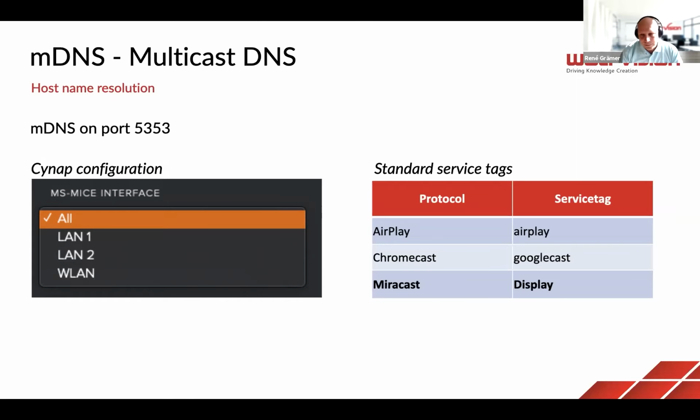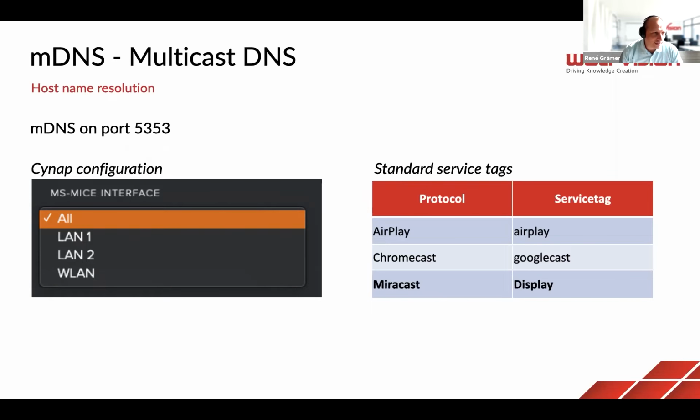That means if you're setting up your wireless LAN controller, which you might already have or had to because you want to use AirPlay or Chromecast, then you also have to do that for Miracast. The service tag for Miracast is called display. If you're using a specific interface, you're still going to need to use the service tag.